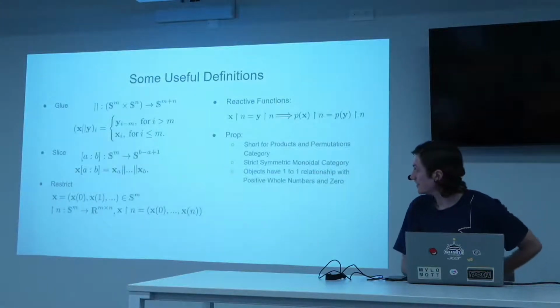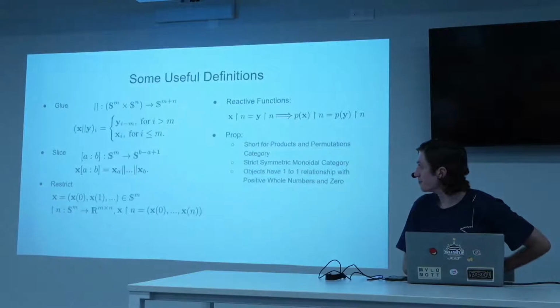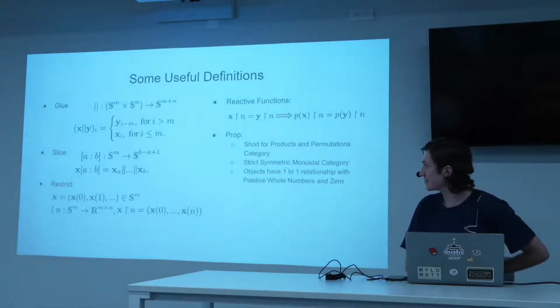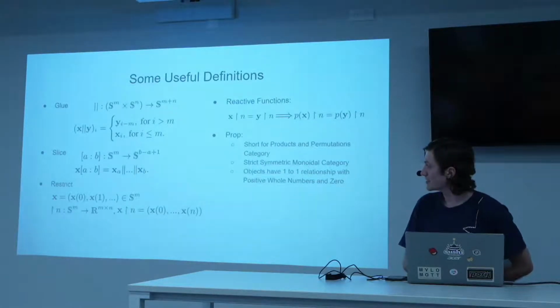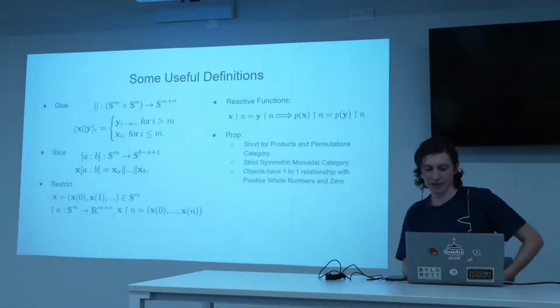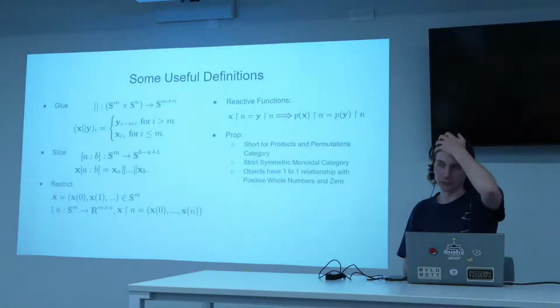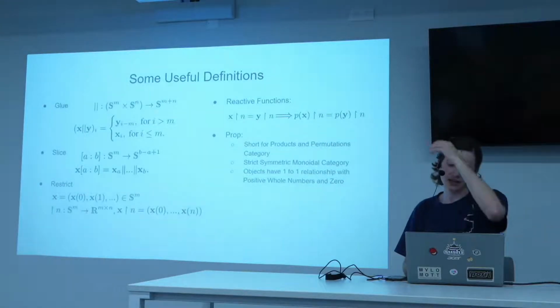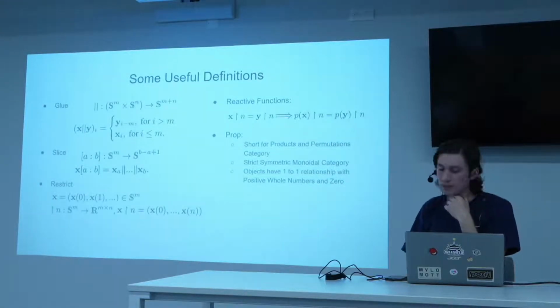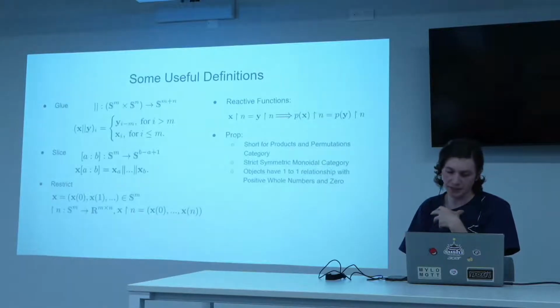Alright, so here I've finally got some nice mathematics for you to look at. This is just a set of definitions before more complex equations come up. On the top left we have the glue operator.